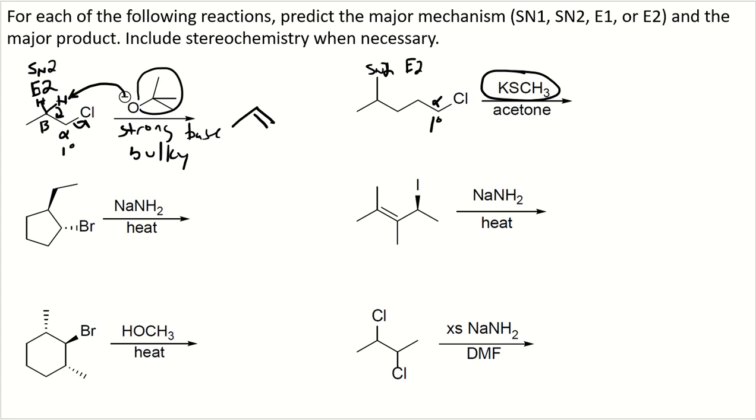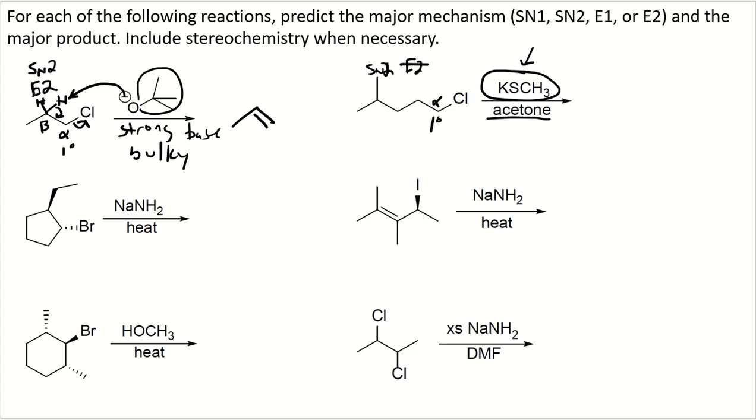Sulfur does not act as a good base, so we can eliminate the E2 process, and this is going to be SN2. Now they didn't have to show the solvent, but the solvent agrees as well because that's an aprotic solvent, favoring SN2 and E2. But again, the nucleophile here is going to make us identify this as SN2 and not E2.